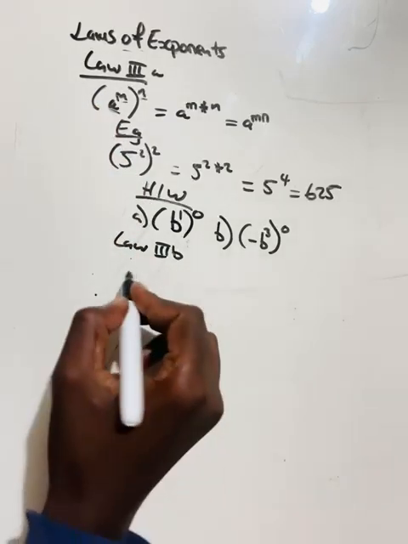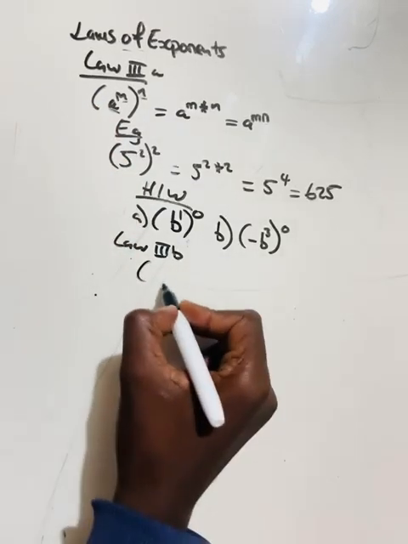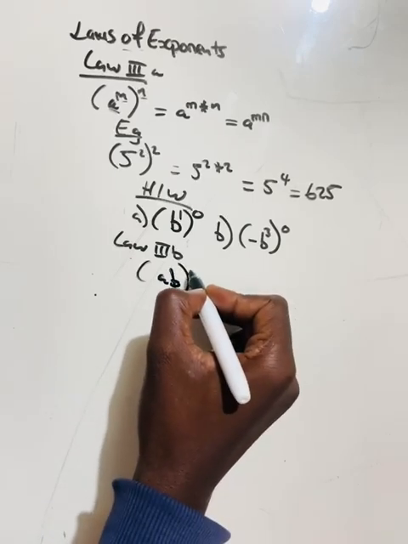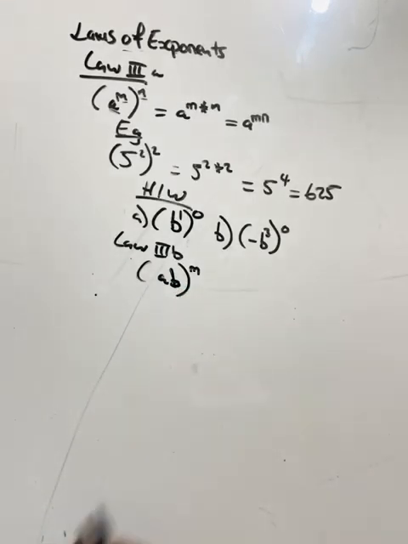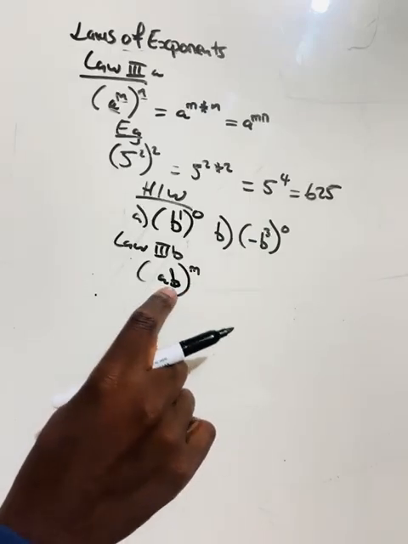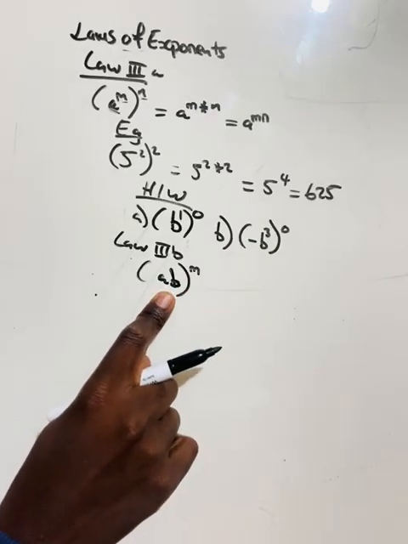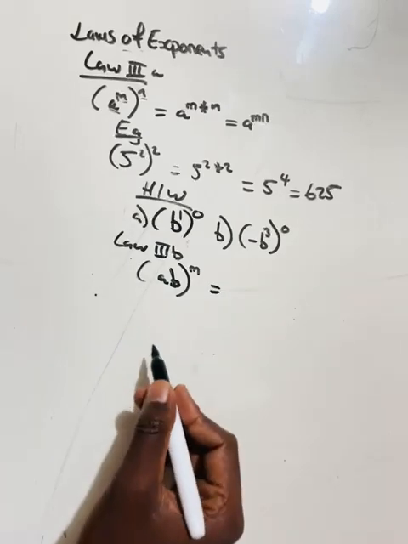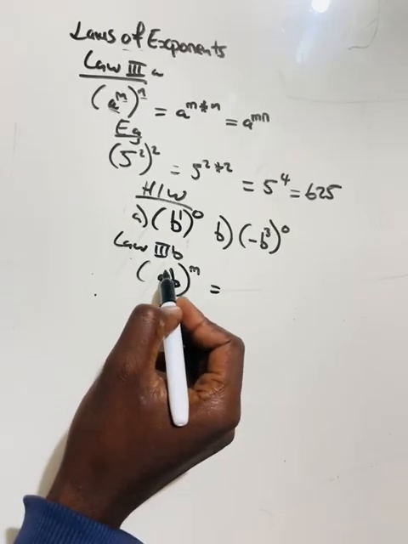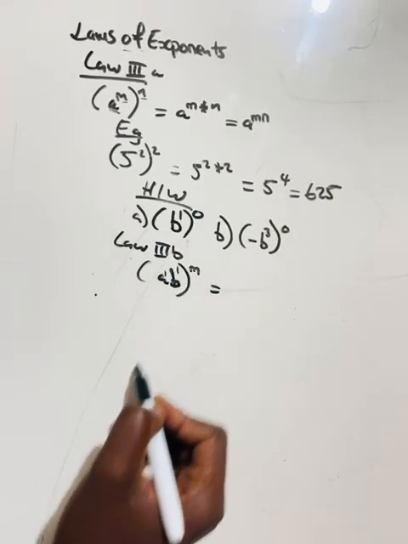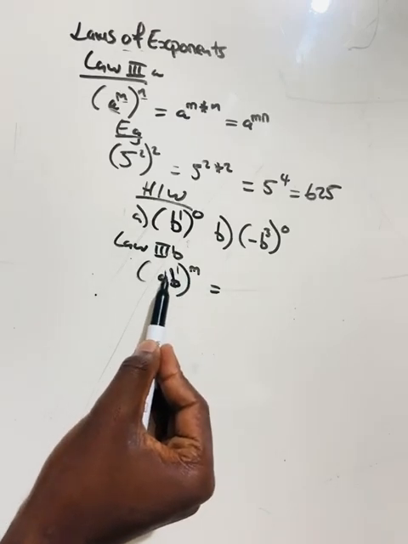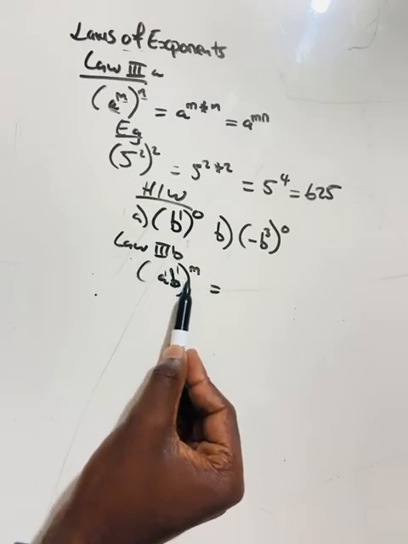Under law 3b, we open the bracket and we now say AB, close bracket, to the power m, like this. You have got two different bases. So what we're exploring is now the fact that here this a has got exponent 1 and b also has got exponent 1. So which means that this exponent is going to multiply with the exponents which are inside the brackets.